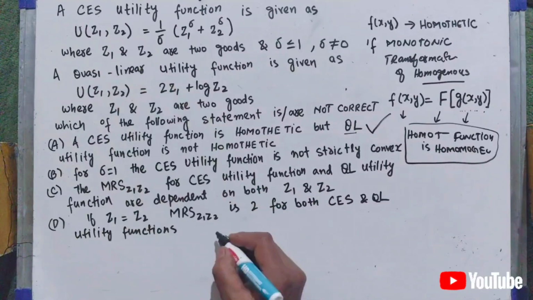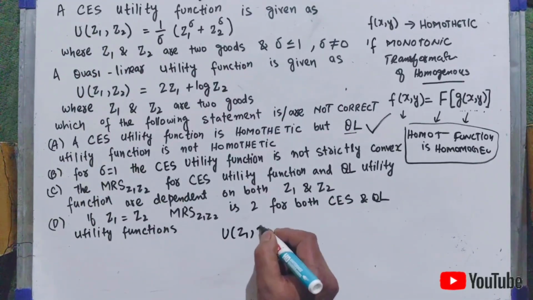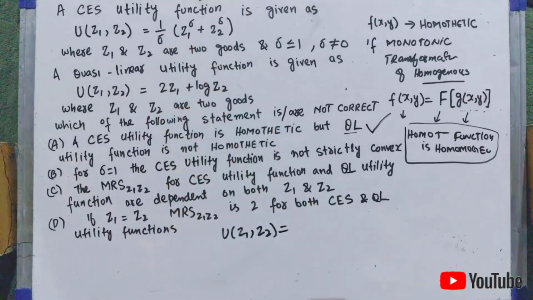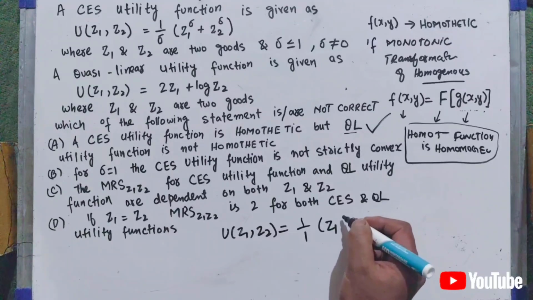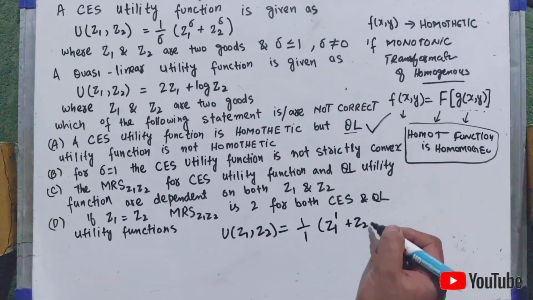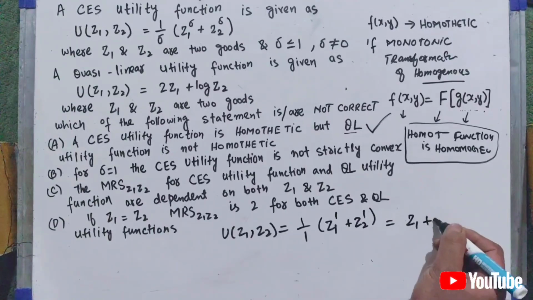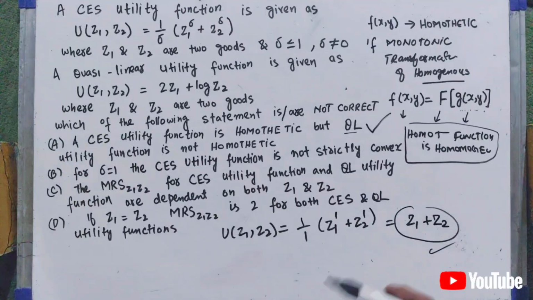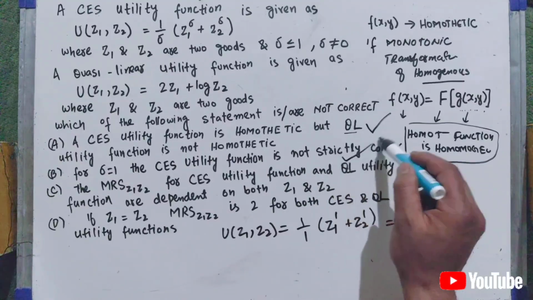So we have this function: u of z1, z2 is equal to, if delta is equal to 1, 1 upon 1 times z1 raised to the power 1 plus z2 raised to the power 1, and we get z1 plus z2, which is a linear function. So it is not strictly convex. This statement is also correct.